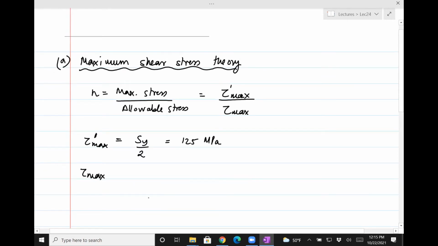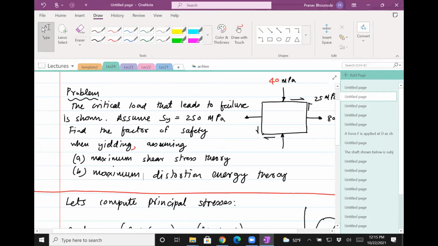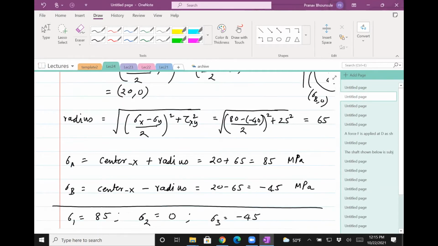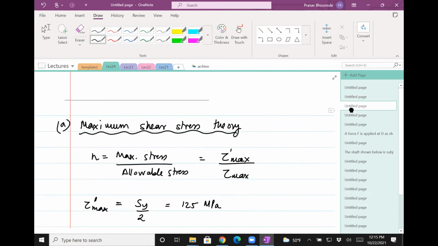Okay, and then tau max. Tau max is the stress in the given loading condition for the stress element I just showed you. So that stress, the maximum shear stress, can be computed from the principal stresses. It's basically (sigma 1 minus sigma 3) divided by 2. And we just wrote down on the previous page these two values. Sigma 1 is 85 and sigma 3 is minus 45.